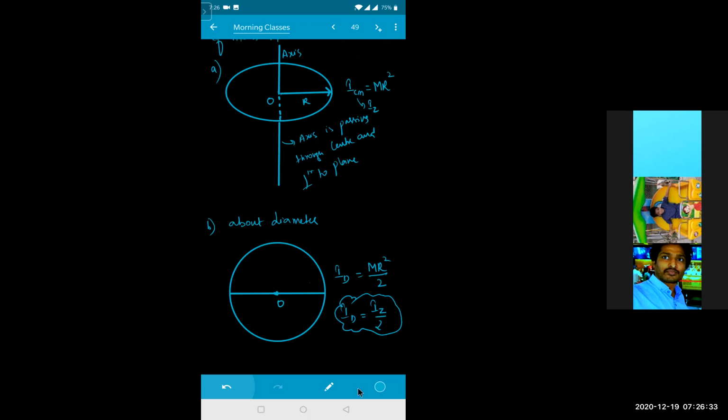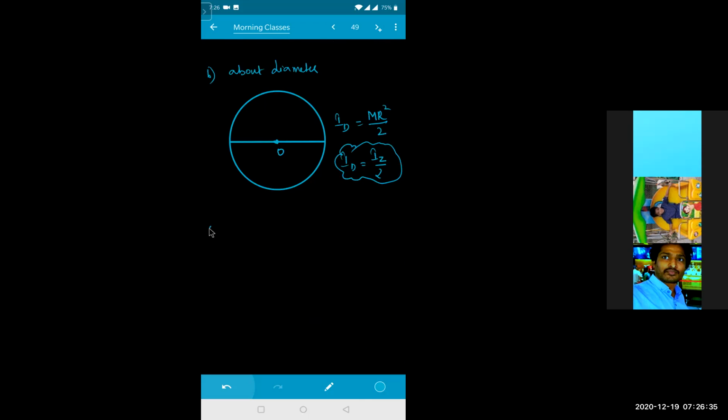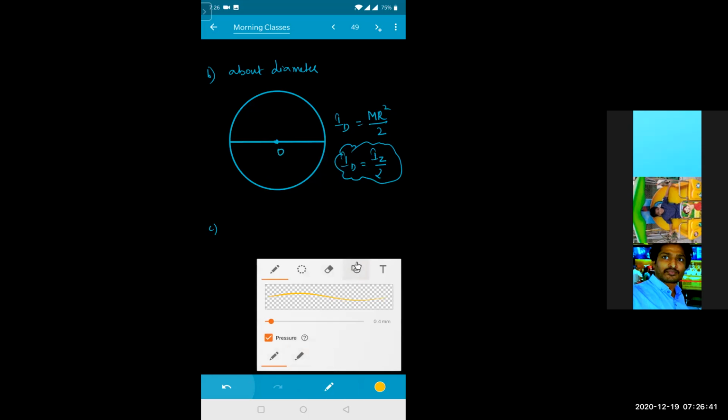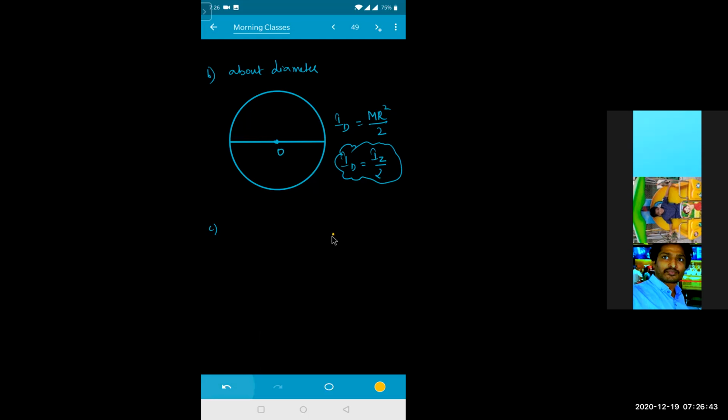Then the third one, number C. This is your ring, and I am taking the axes like this, and another one like this.